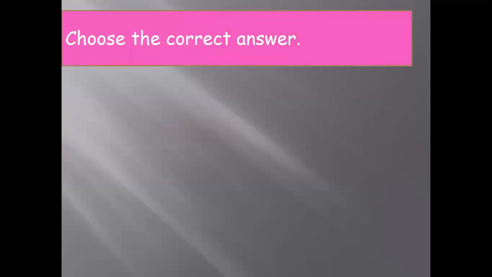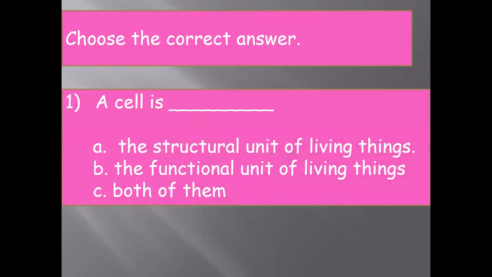The second question, choose the correct answer. A cell is the structural unit of all living things only, the functional unit of living things, or both of them. By both of them, I mean that a cell is the structural and functional unit of all living things.